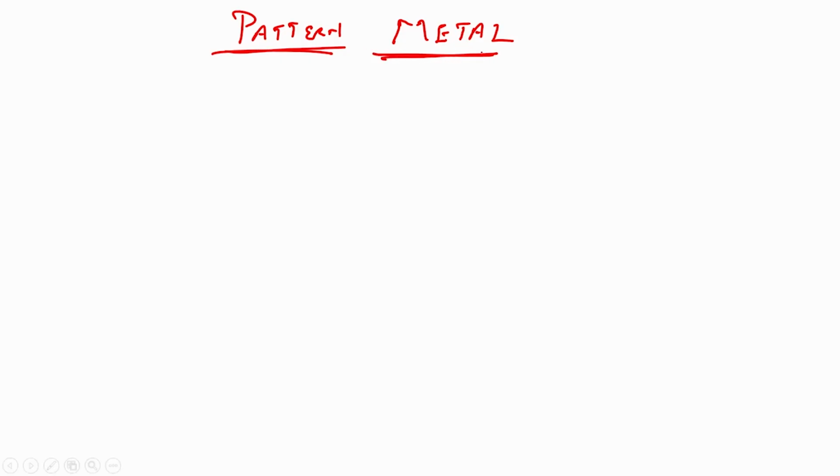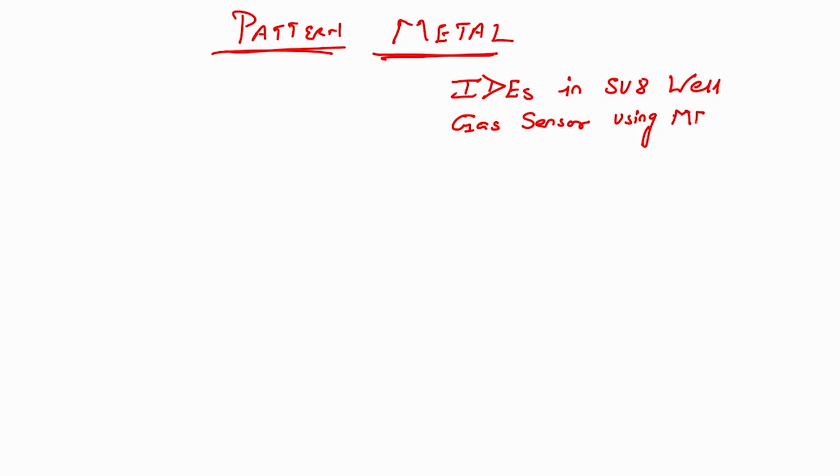So, we have already seen this example, we have seen interdigitated electrodes, right, in SU8 well. We have also seen how to fabricate a gas sensor using MEMS technology, right.